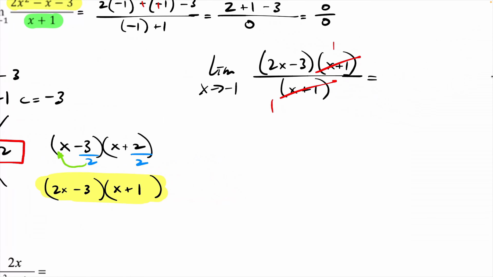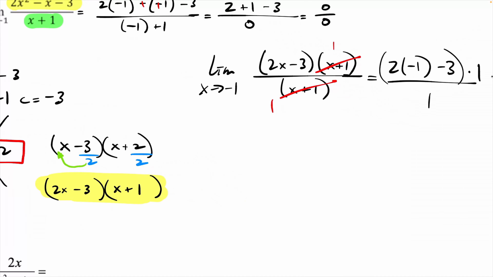So now, once I factored, let me go back to plugging it in again. So plug in the value. What do we get when we plug in the value now? 0. So we get 2 times -1 minus 3, right? And then these guys are just 1. So this guy is times 1 and then 1.